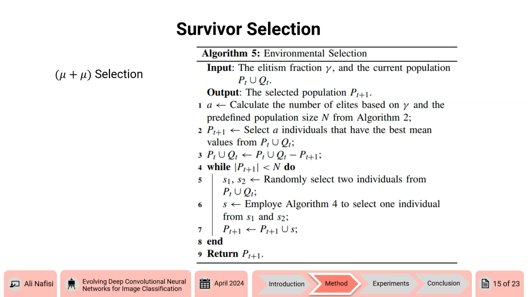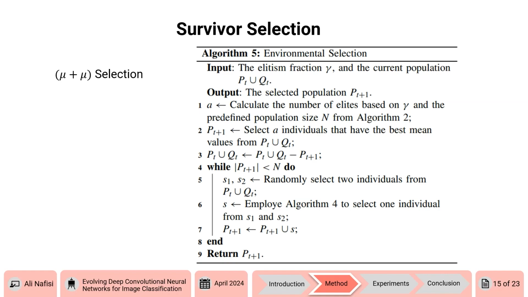But to keep some diversity in our population, that is something we always have to consider in evolutionary algorithms and evolutionary computation, we do this elitism with a fraction, not for all the population. That's because we have to keep diversity.